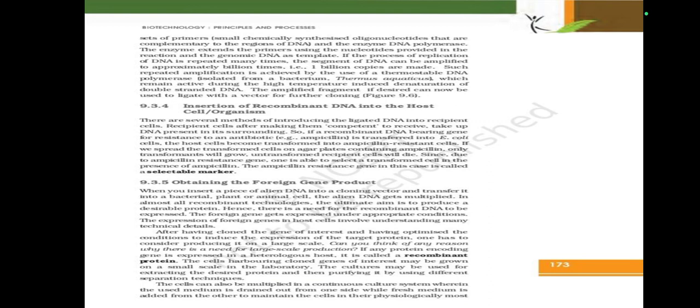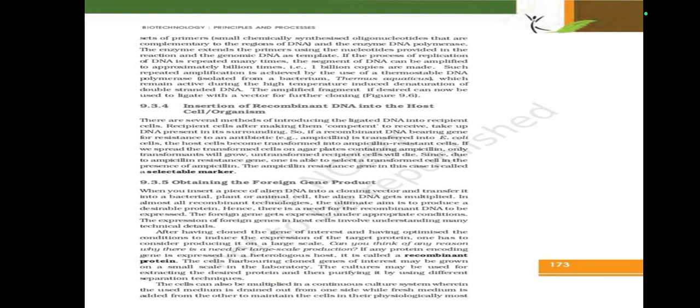The enzyme extends the primers using the nucleotides provided in the reaction and the genomic DNA as template. If the process of replication of DNA is repeated many times, the segment of DNA can be amplified approximately a billion times, that is, 1 billion copies are made.